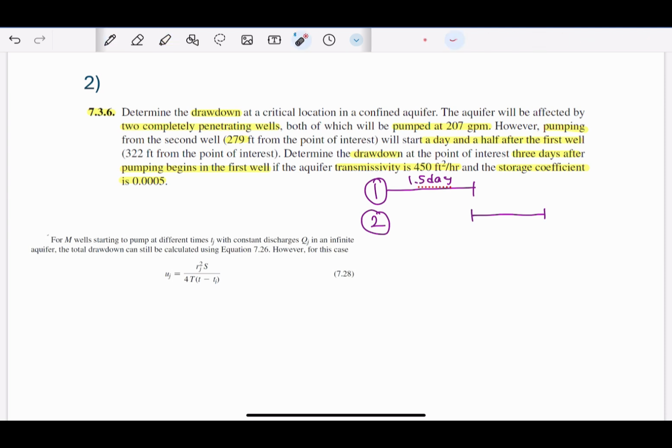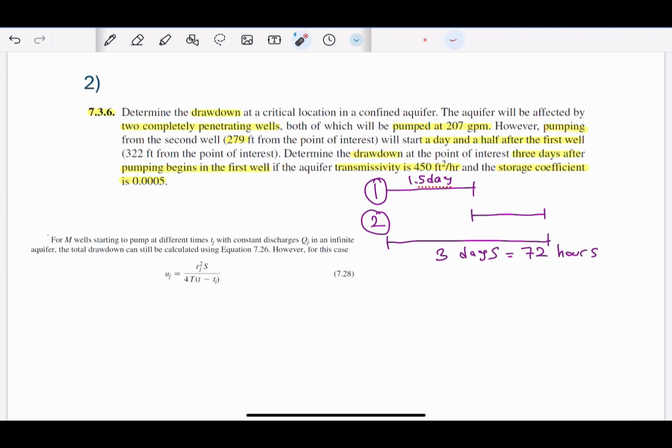So since the question says we are going to determine the drawdown at the point of interest 3 days after pumping begins in the first well, this means that we will have a total of 3 days, which is 74 hours.